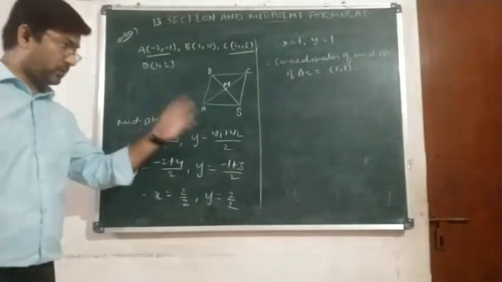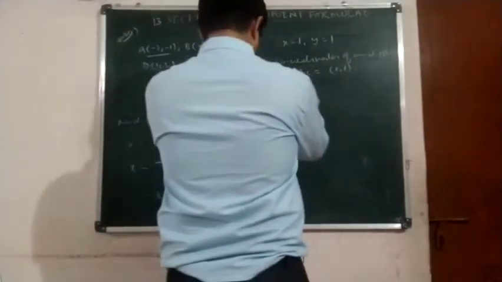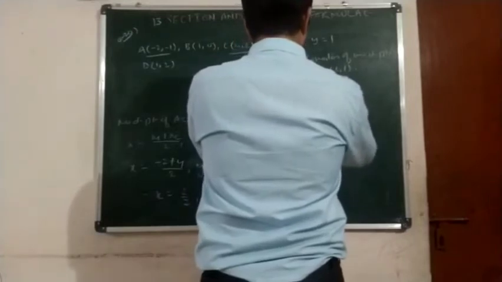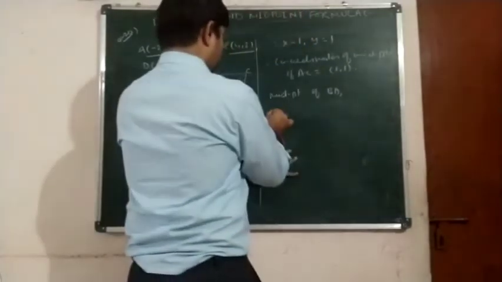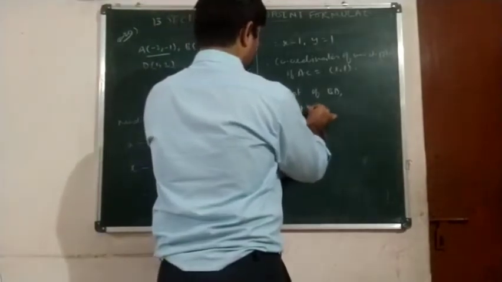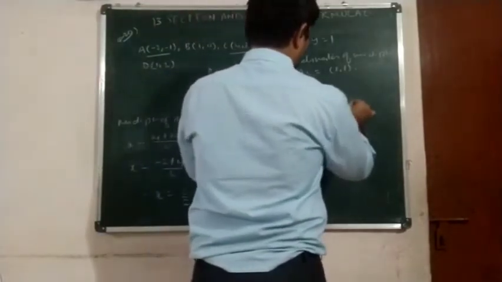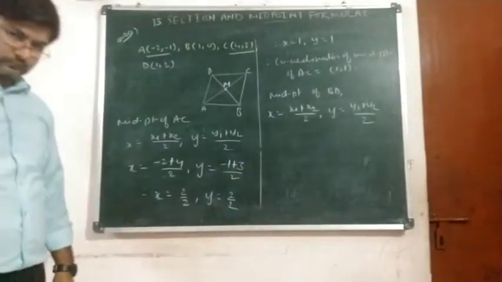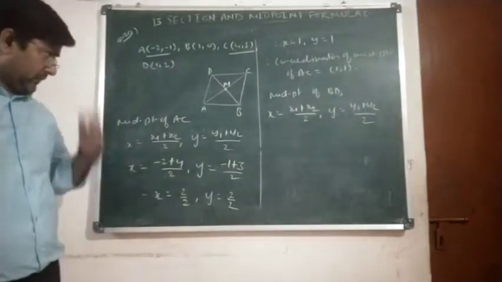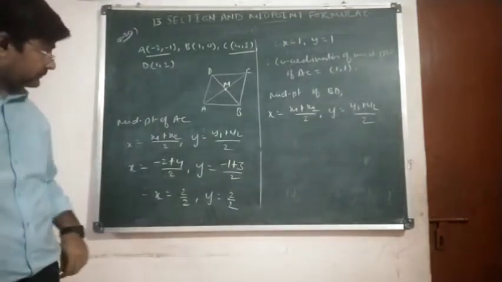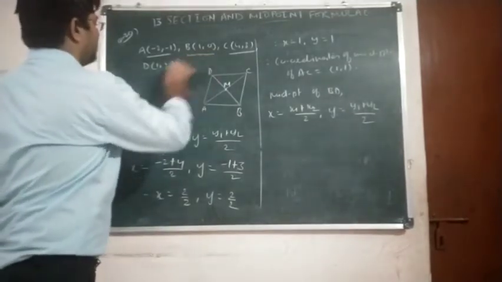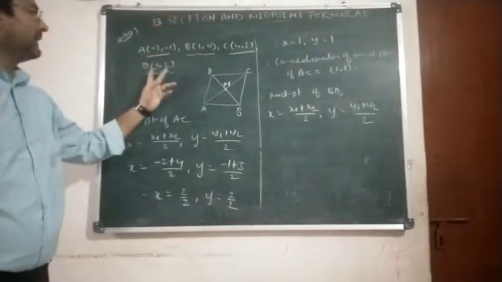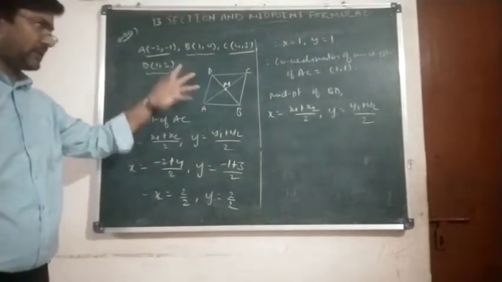Now we will calculate the coordinates of the midpoint of BD. Again, x is equal to (x1 plus x2) by 2 and y is equal to (y1 plus y2) by 2. Now we have to find out the midpoint of BD. So coordinates of B we will take as (x1, y1) and coordinates of D as (x2, y2), or vice versa you can take.